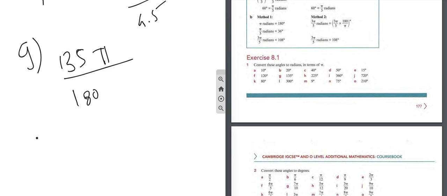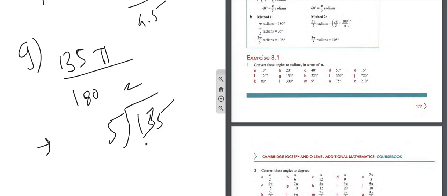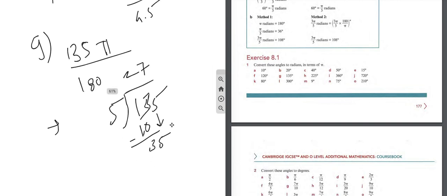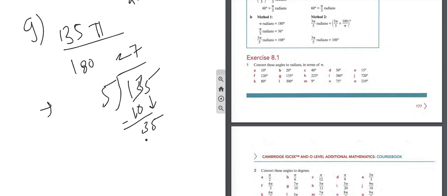So 135 pi, let's divide it by 5. 5 times 2 is 10, 3 and 7, we get 27. No problem. 180 we can also divide by 5.